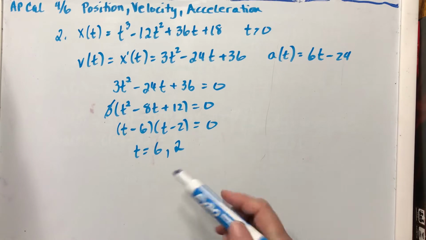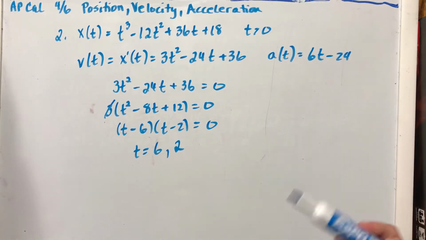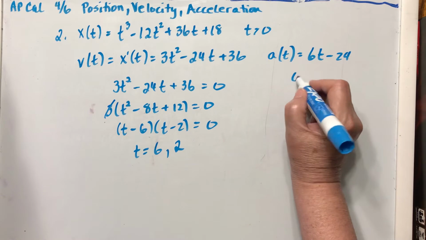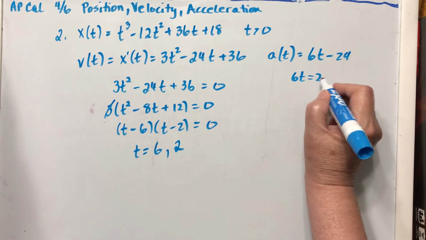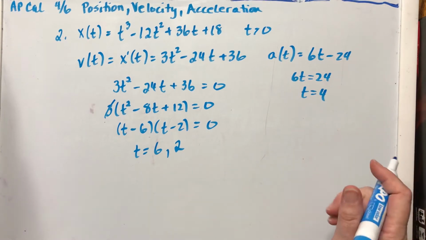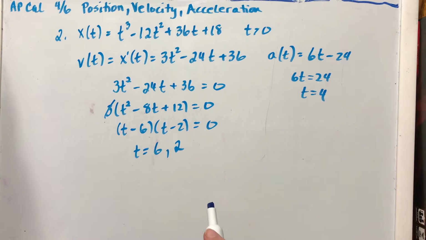We want to know when the sign of the velocity and the sign of the acceleration are different. So let's see, my acceleration equals 0 at t equals 4. So what I found here is a critical number. I've got critical numbers for my velocity, critical numbers for my acceleration.